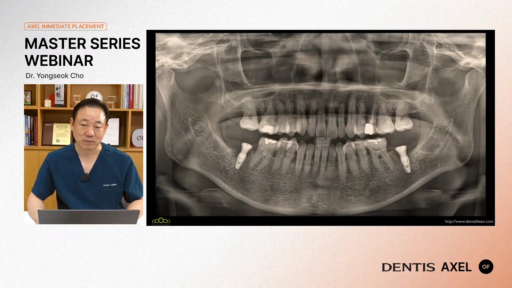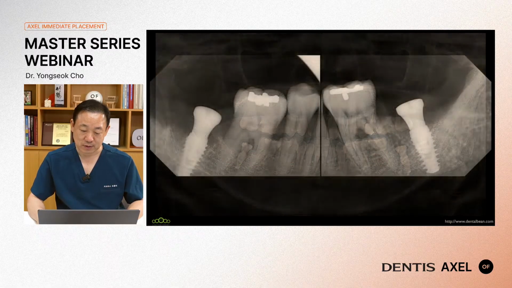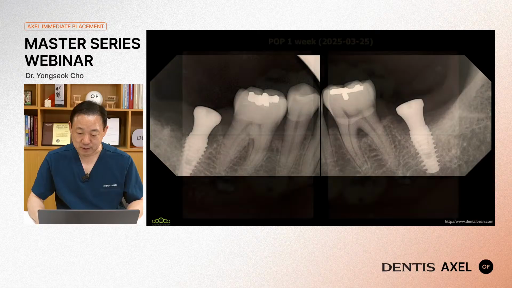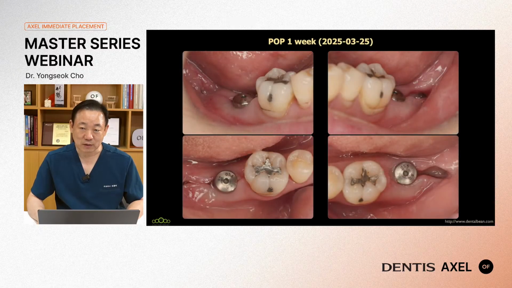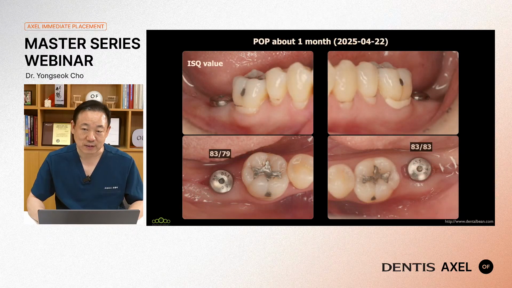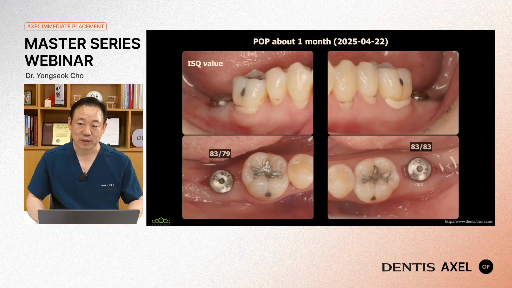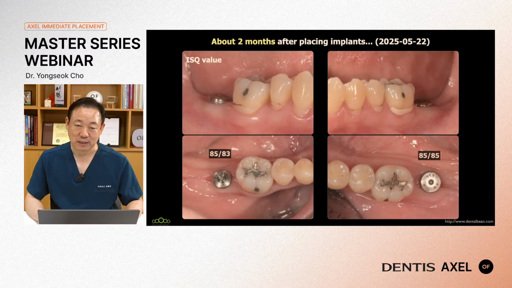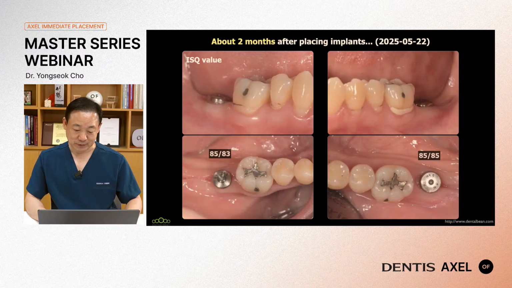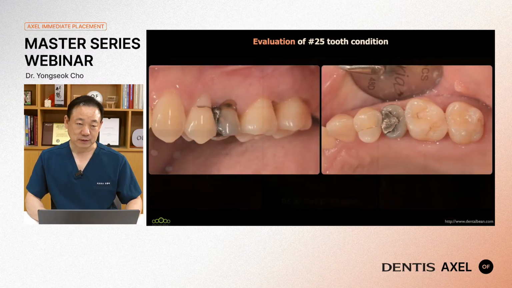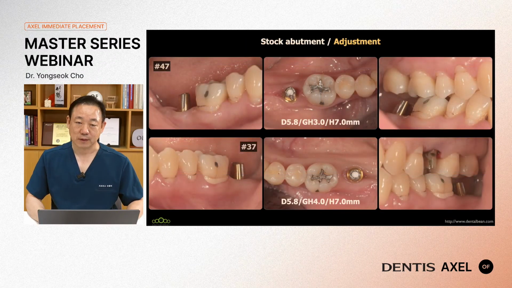Again, here is the radiograph image. Okay. One week later, healing looks very fast and good. One month later, nice ISQ value and almost healed. It requires about 2 months for soft tissue healing and to start loading. Okay.